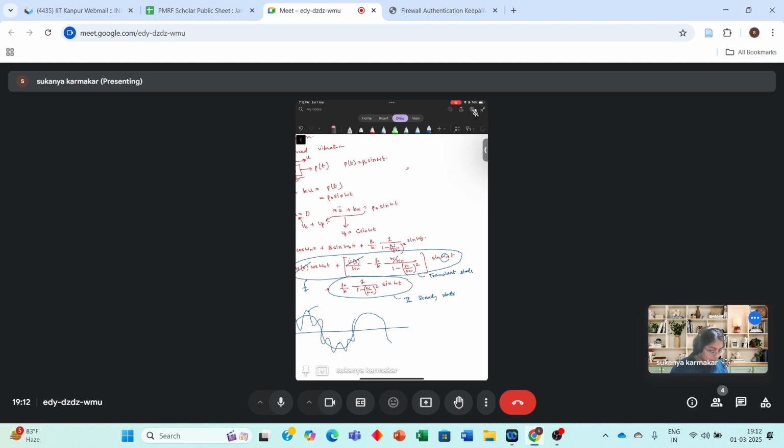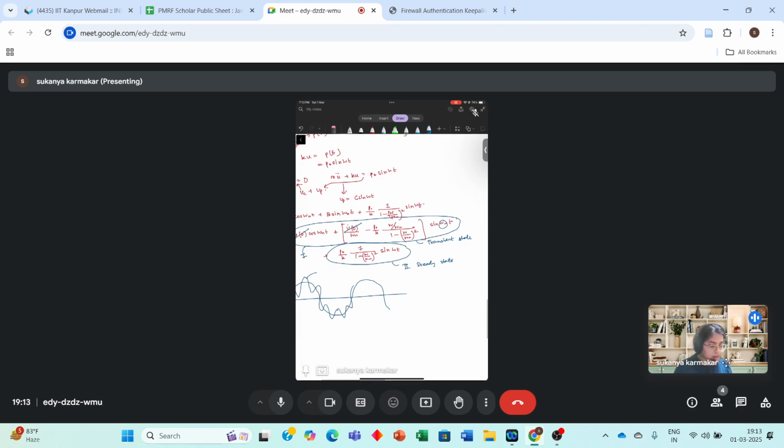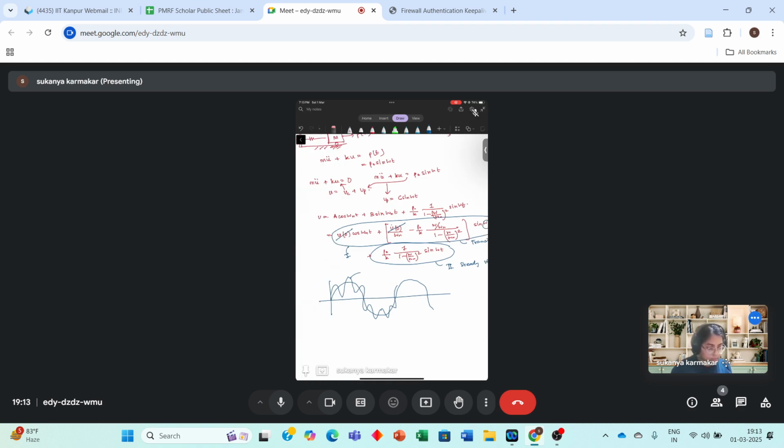Okay, so now maybe we can pick up one problem. In the half power bandwidth method, I'll have to introduce one more term, that is RD.